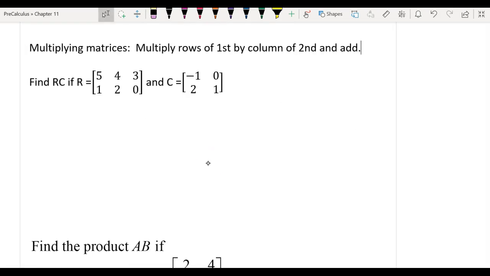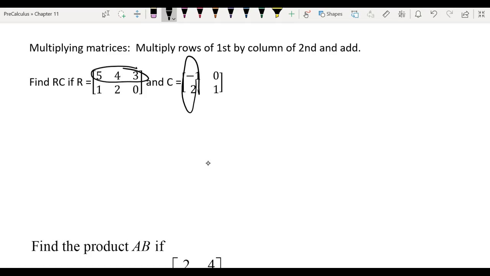All right, multiplying matrices. You multiply the row of the first one by the column of the second one. So this matrix, if I multiply the row by the column, can I do that? No, because there's not enough, right? There's 3 here. How many do I have here? 2.